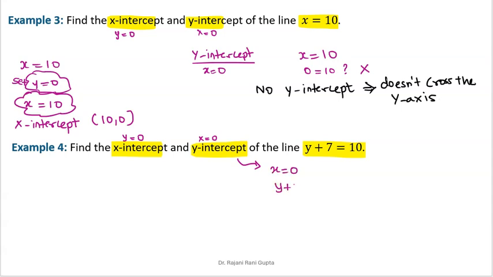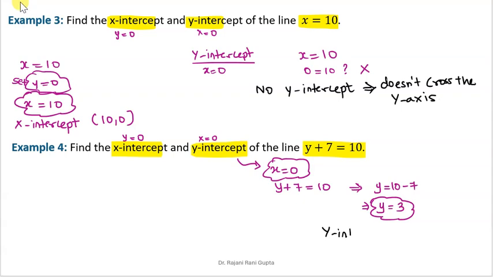So what do you get? y plus 7 equal to 10. What does this give you? y is equal to 10 minus 7, that is y equal to 3. So yes, you have a y-intercept. In this case, you can say the y-intercept is (0, 3).